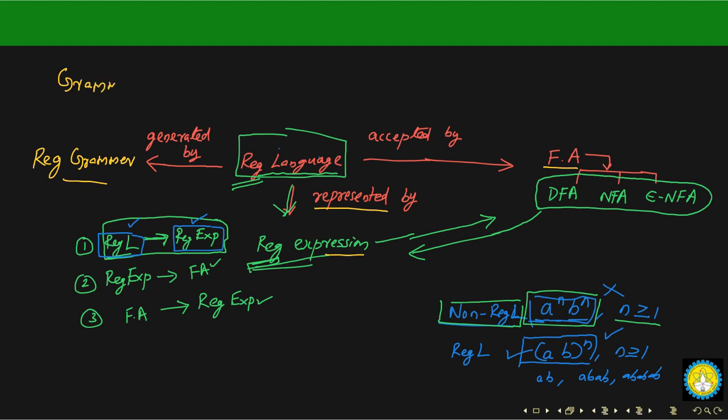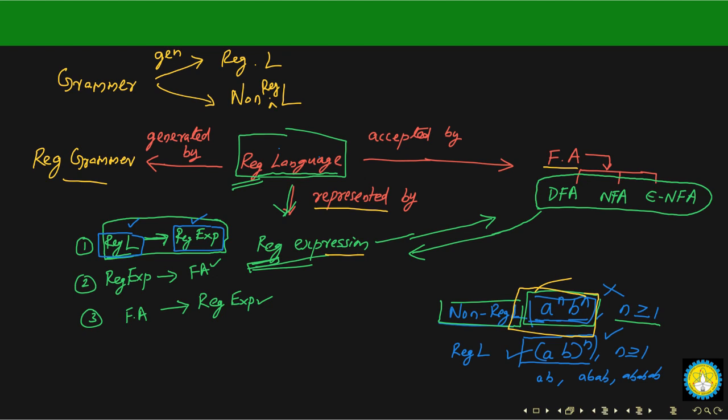A grammar can generate both regular and non-regular languages. For example, if you look at a raised to n, b raised to n, I can write a grammar to generate this language. It's possible, but that will not be a regular grammar.